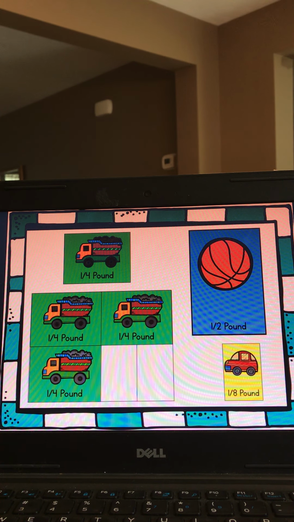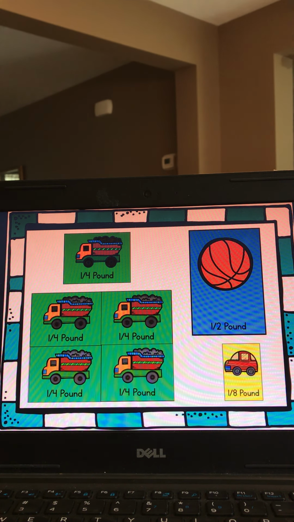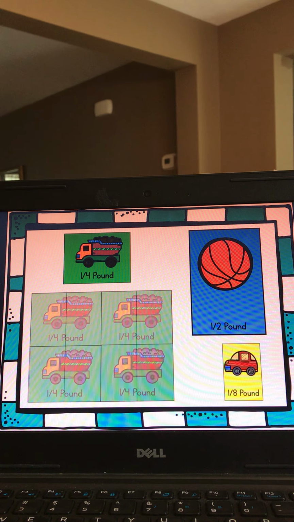So when I put a third one in, that is 3/4, and there's space for 1 more. So I could give away 4 1/4 pound dump trucks and have given away 1 pound of toys.